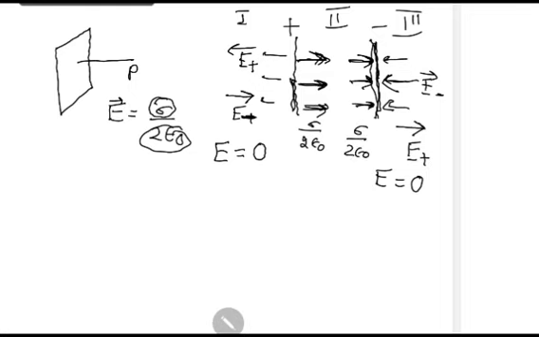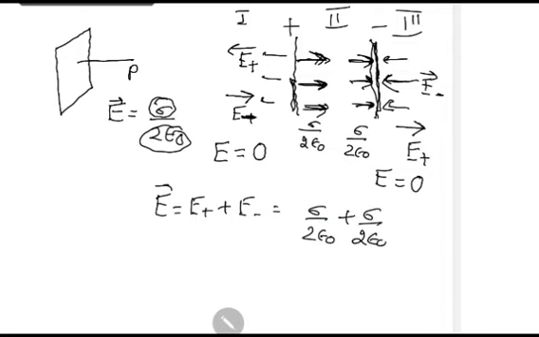Sigma upon 2 epsilon naught. Because both of them are in the same direction, the resultant electric field will be E plus plus E minus. So what will it become? Sigma upon 2 epsilon naught plus sigma upon 2 epsilon naught is equal to sigma upon epsilon naught.